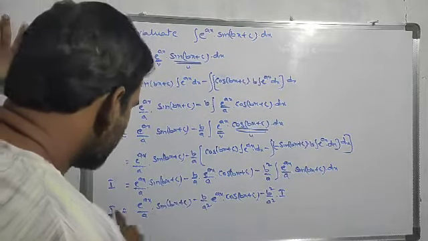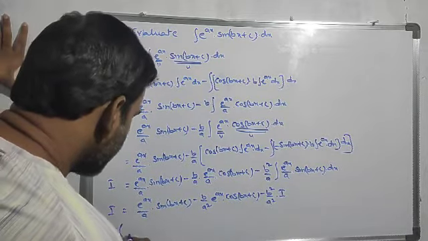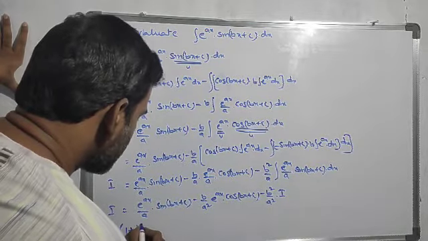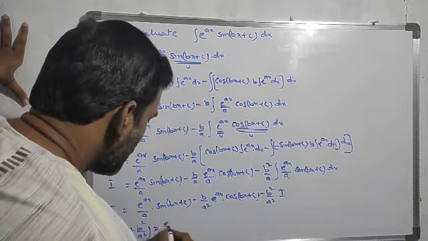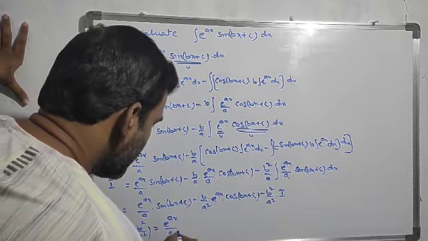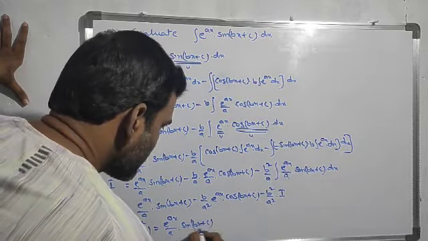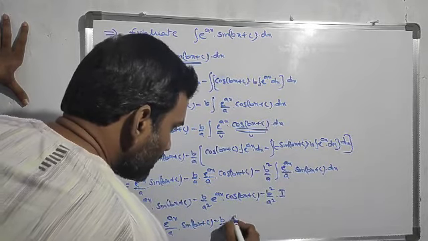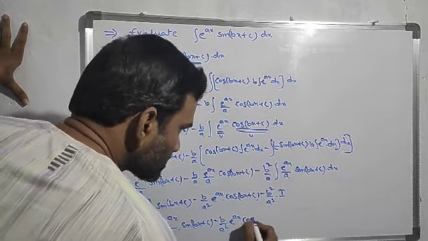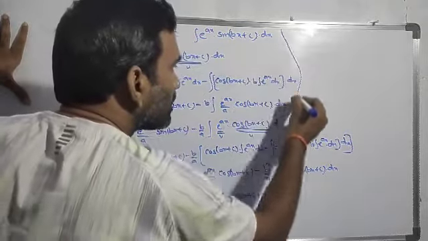Just take this term to this side and take the common factor: 1 plus b square by a square, into I, equals e power ax by a into sine of bx plus c minus b by a square into e power ax into cos of bx plus c.